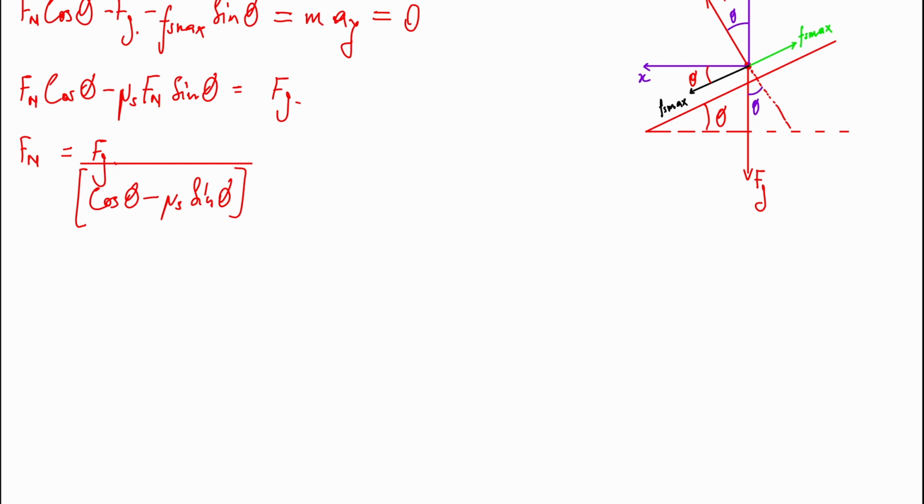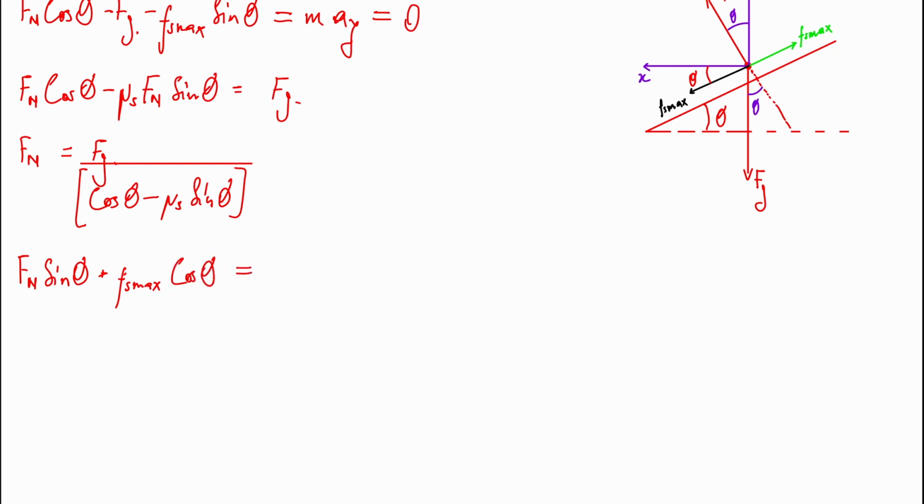Then let's do like we did and apply Newton's second law. Newton's second law tells us that we're going to have Fn sine theta. So that's the x component of the normal force. And the x component of the frictional force, that's going to be plus Fs max cosine of theta.